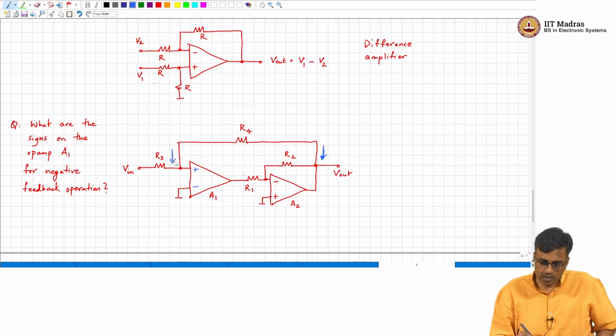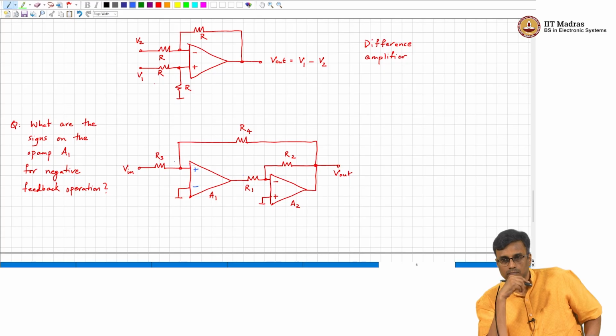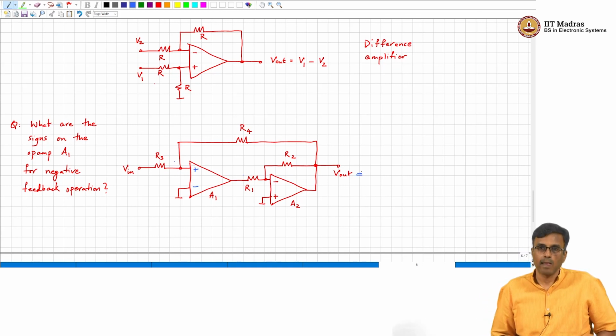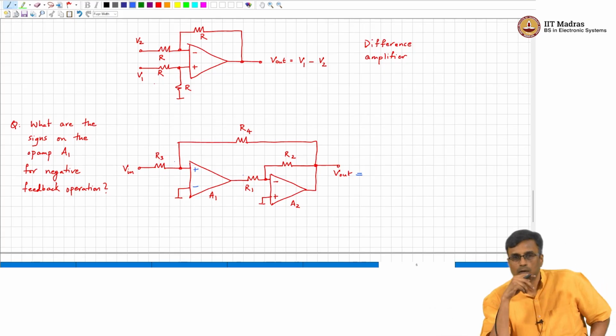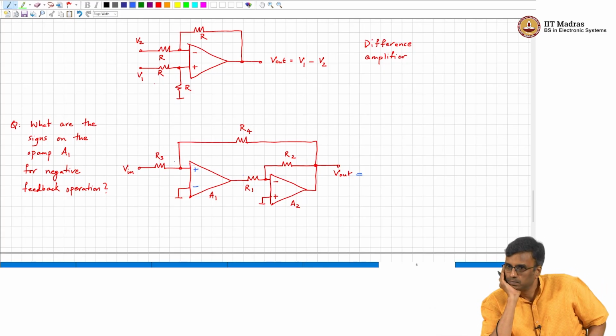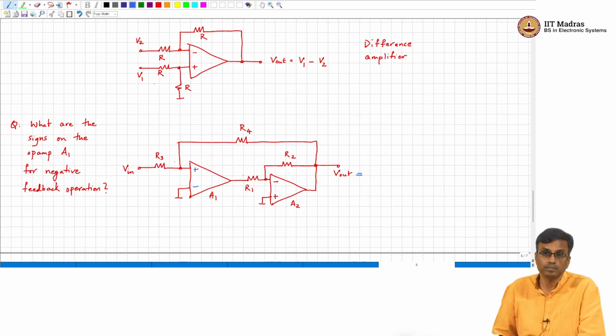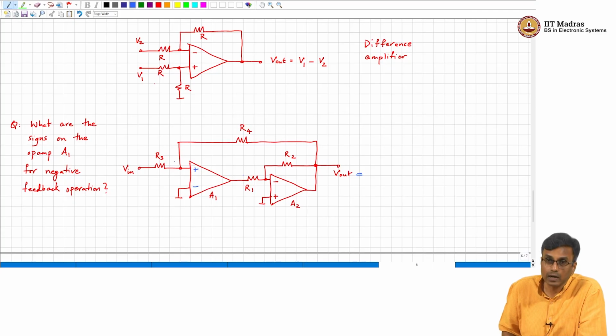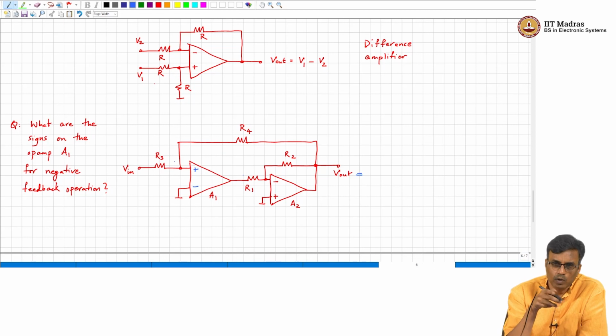So, now what is the output voltage? Pardon? By R1. Okay, there is no need for speculation. Please work it out.